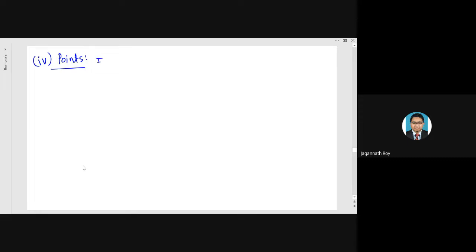So for points, the first observation is the curve meets the axis at 0, 0 only. So y cube equals y square x cube by 2a minus x.